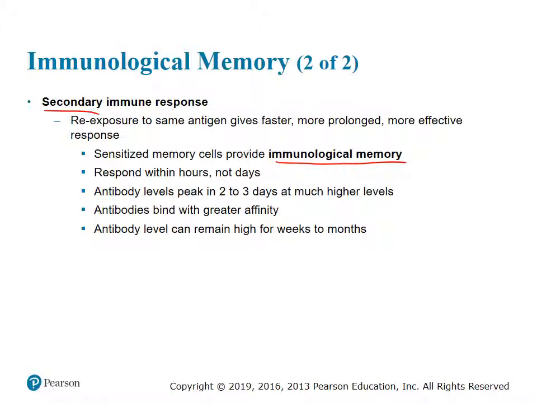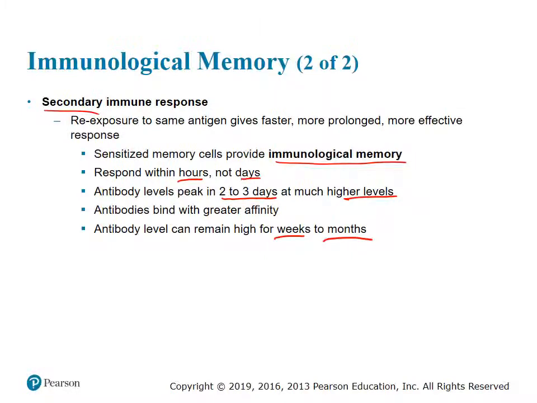But instead of days, that 3 to 6 days or whatever, we have the response within hours. 2 to 3 days is when we see the peak, at much higher levels, and the antibodies can stay for weeks to months and not just days. So we have a greater, stronger immune response, which is a very interesting and very special type of immune response, and this is only found in the adaptive immune system.